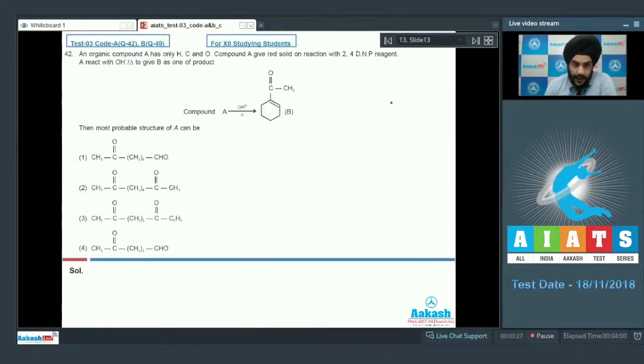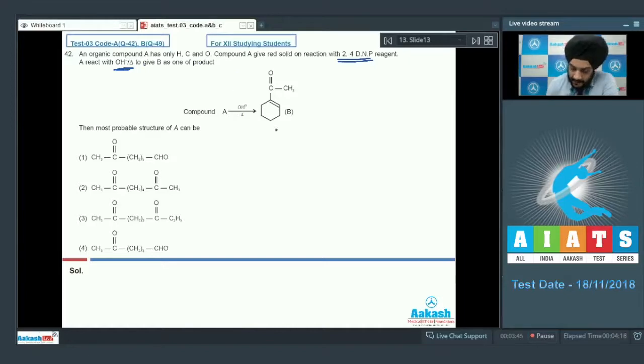Question 42. An organic compound has only C, H, N, O, and compound A gives red solid on reaction with 2,4-DNP. It means that it must be an aldehyde or a ketone. A reacts with OH minus on heat. This is the aldol reagent, to give B as one of the products.